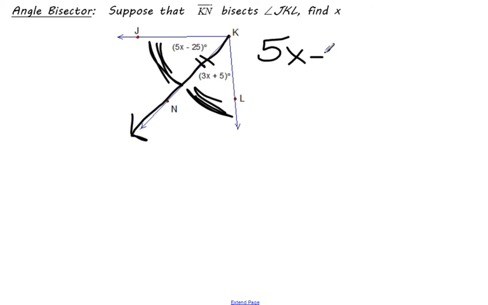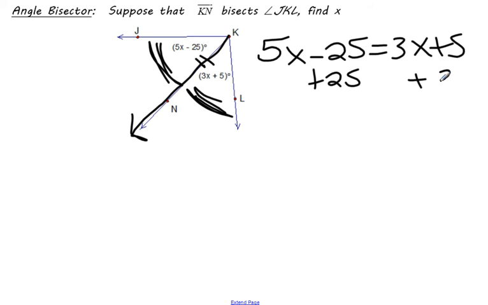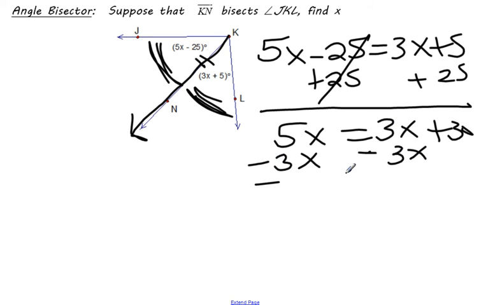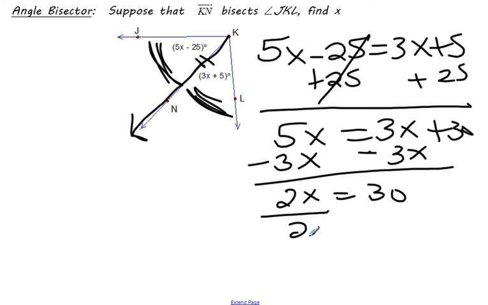So you have 5x minus 25 equals 3x plus 5. Adding 25 to both sides of my equation, I get 5x equals 3x plus 30. Subtract 3x from both sides of my equation, I get 2x equals 30. Divide both sides by 2, I get x is 15.